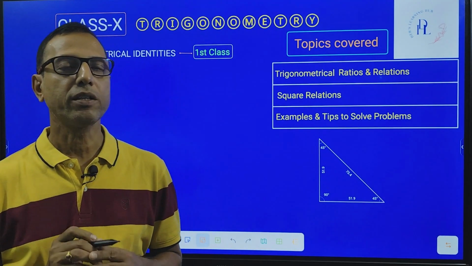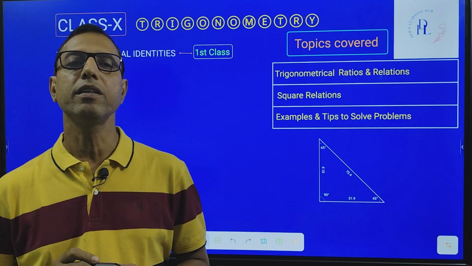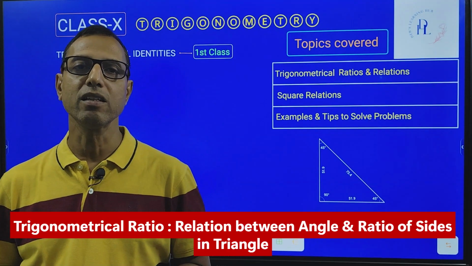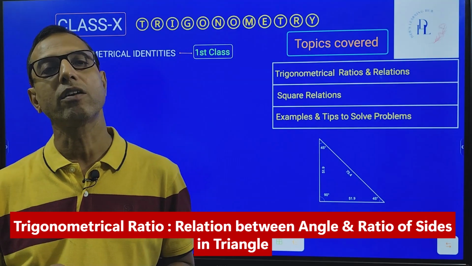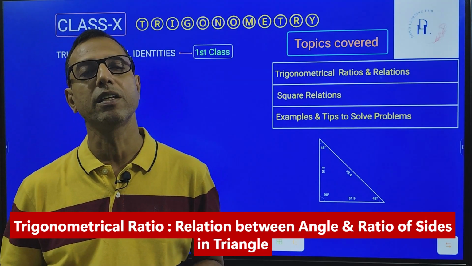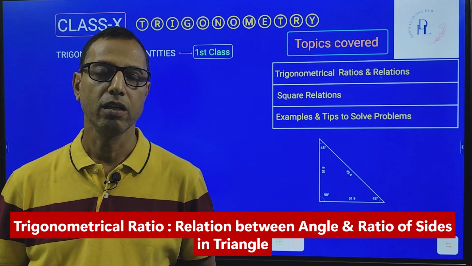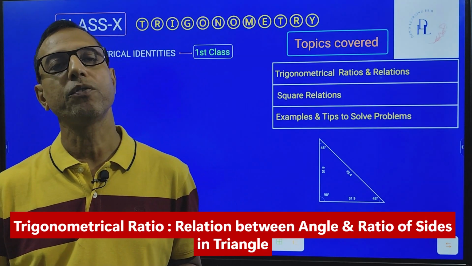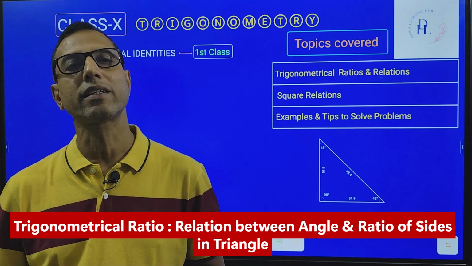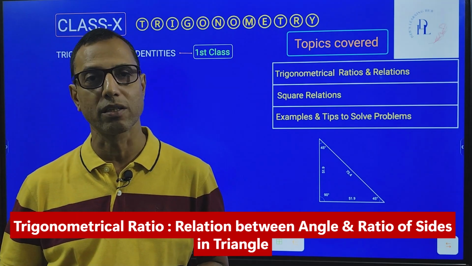So by this time, you know that there are different types of triangles. If all the sides are equal in a triangle and all the angles are also 60 degrees, then those are called equilateral triangles. If all the sides are unequal, that is called a scalene triangle. If only two sides are equal, in that case those triangles are called isosceles triangles.